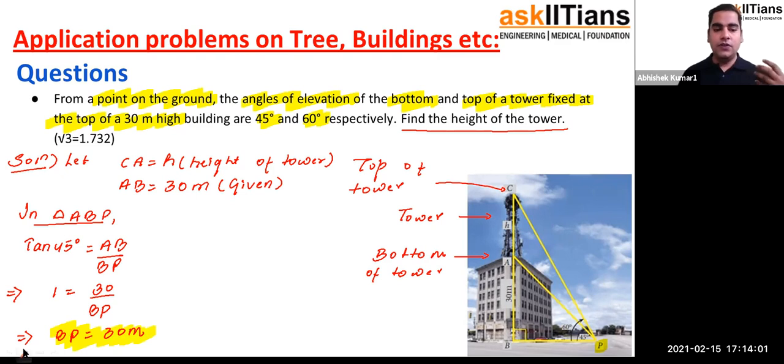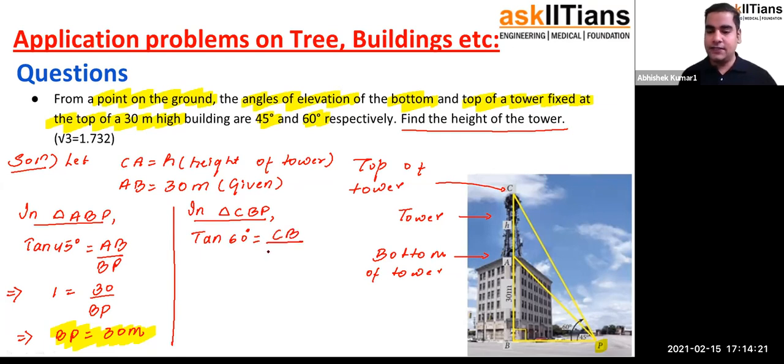Now we are going to use this result further. Let's see how. We have one more right triangle. So if I consider triangle CBP, if I calculate tan of 60 degrees, what will I get? I'll get perpendicular by base, and here the perpendicular is going to be CB, the base is BP.